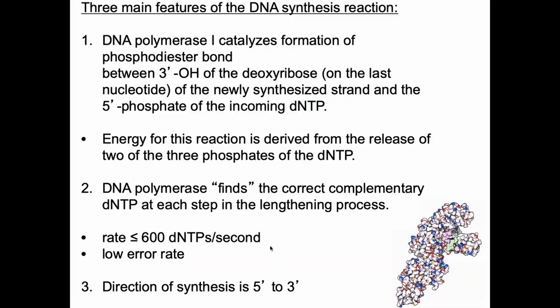It has the characteristics of DNA synthesis, but it's not responsible for replicating chromosomal DNA. So that means there must be other forms of DNA polymerase in the E. coli cell that can handle replication of chromosomal DNA.